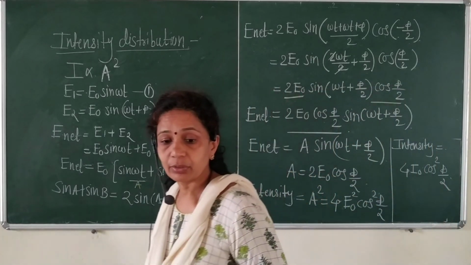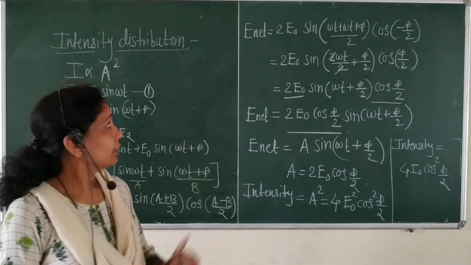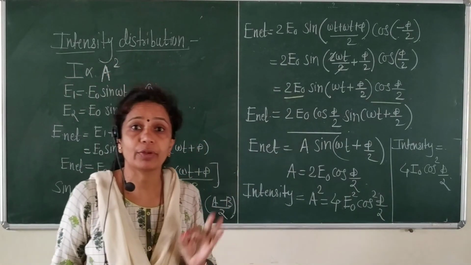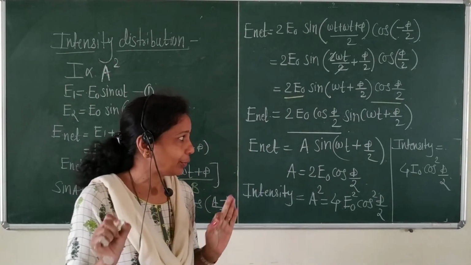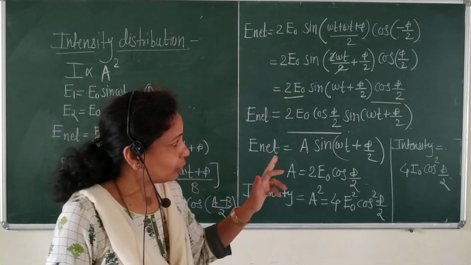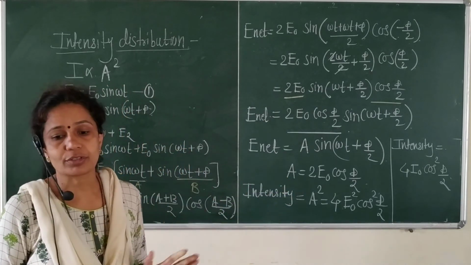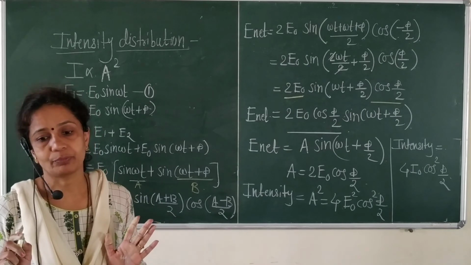This is the equation of intensity of a wave at point P, which is equal to 4 I naught cos square phi by 2.